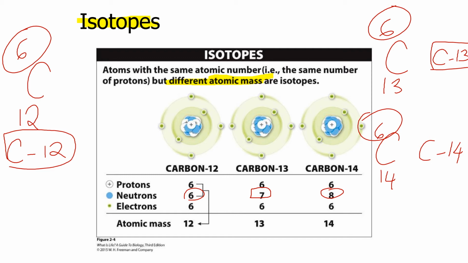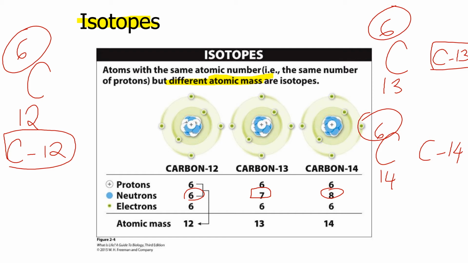If that atomic number changes, it's not going to be carbon anymore. If the atomic number is now 5 or 7, it's going to turn into a different element. That's why isotopes, which are different types of the same element, are still carbon, but because their atomic mass is different, their number of neutrons is different.